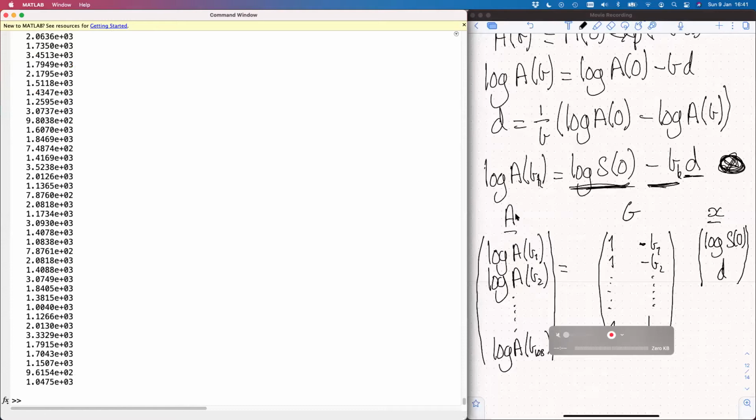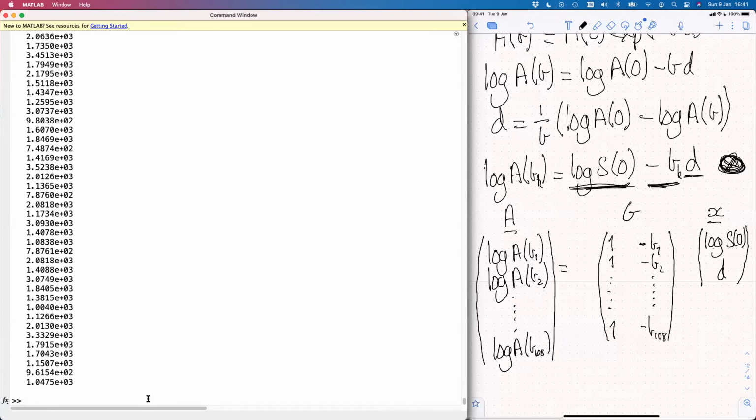Okay, so let's then construct this design matrix of ours. avox, we need to take logs of it in order to get our A vector here. We'll do that once we've constructed this G matrix, which will then allow us to estimate this vector of unknowns X. So G will contain, the first column will be a column of ones of length the number of B values.